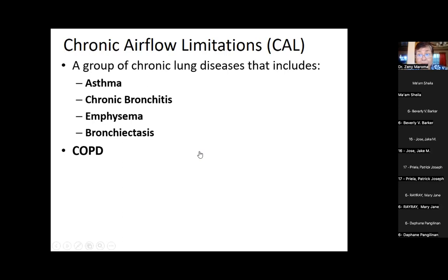Pero local board exam, ginagamit pa rin nila ang term COPD, chronic obstructive pulmonary diseases. With new book edition, dalawa na lang ang natira with COPD. Ano yung dalawa na yon? Chronic bronchitis and emphysema. Tinanggal na yung bronchial asthma because initially, bronchial asthma is reversible.